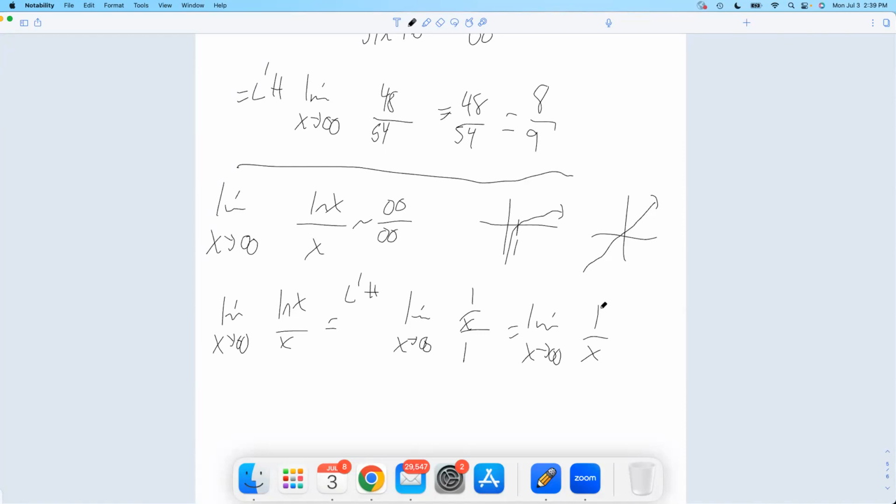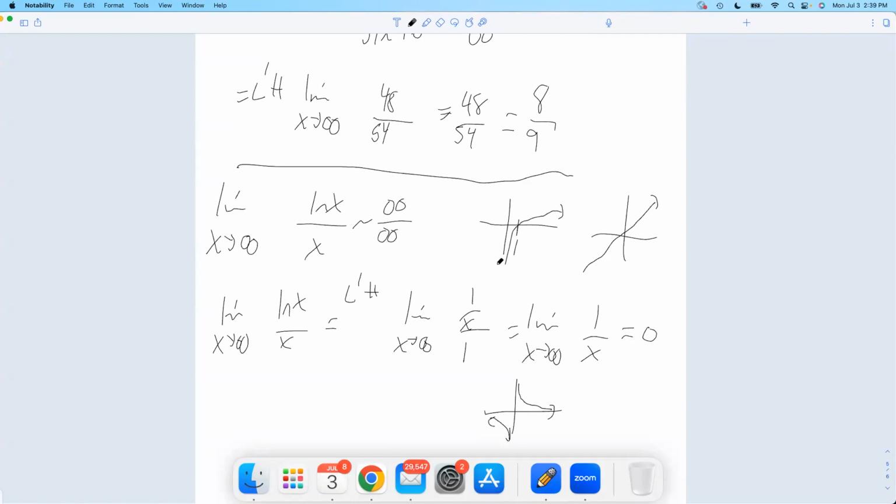You cannot use L'Hopital's if you don't have 0 over 0 or infinity over infinity. This limit we can just do. I mean, just think about the graph of 1 over x. What happens to my y values as x approaches infinity? This limit is 0.